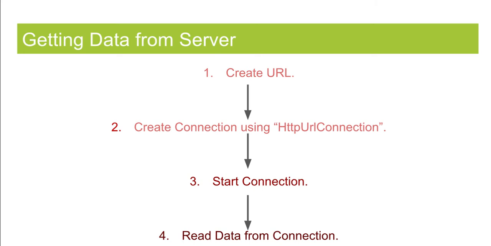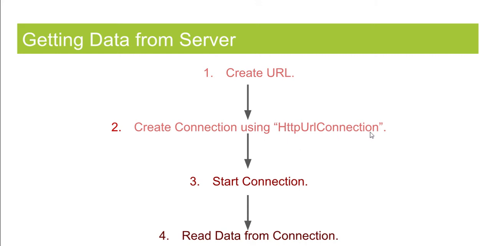So there are 4 steps of getting data from the server after we check that the internet is available on the device. First is create URL, the URL object. Second, create connection using HTTP URL connection.